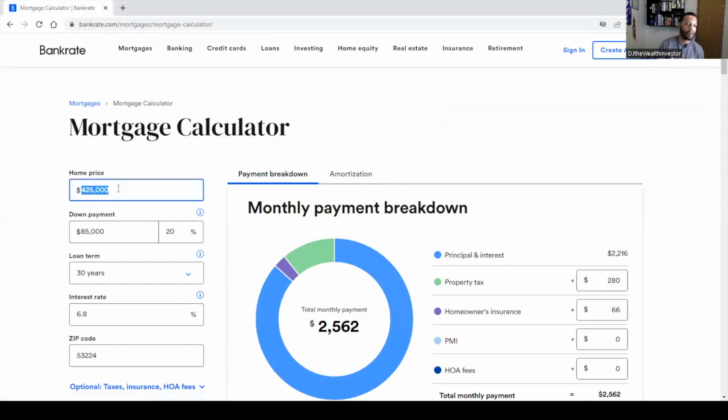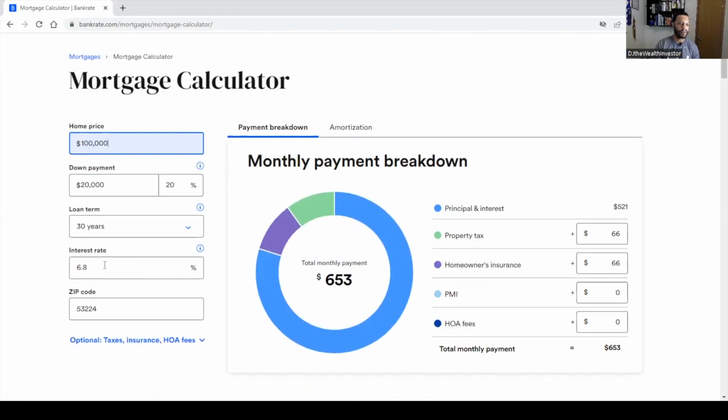All right, so here we just type in, again, that $100,000. Down payment is 20%. Interest rate, I'm pretty sure this is actually what the rate is right now, but they automatically have the rate in there for you, 6.8%. And then you just put in wherever your zip code is. So right here we get a monthly mortgage breakdown for 30 years at about $653 based off of that information. They entered some basic information for property taxes, which I'll show you how to find.